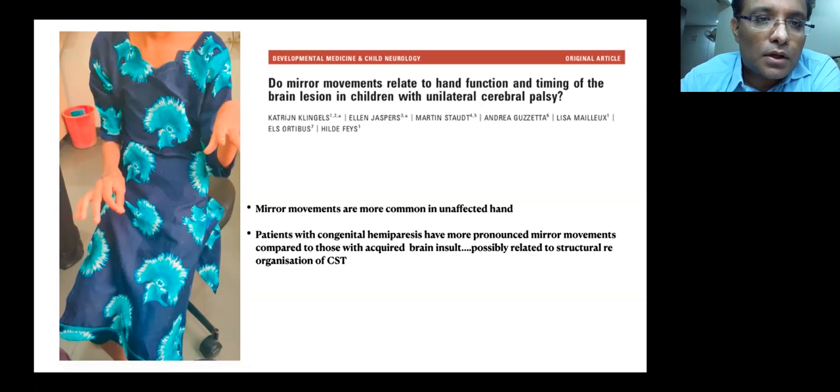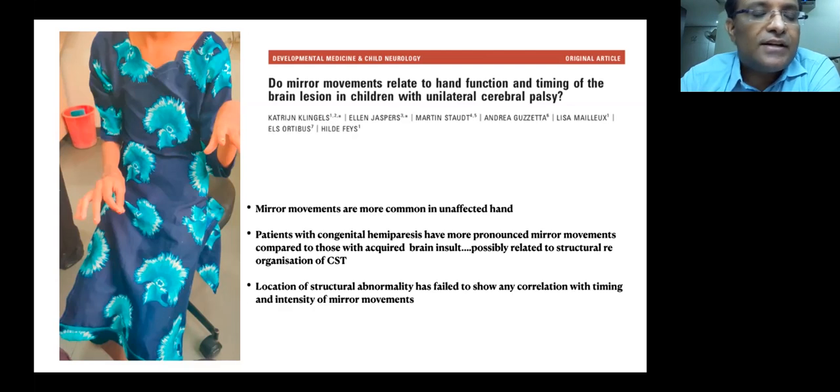Now, it has been known that patients with congenital hemiparesis have more pronounced mirror movements compared with those who have an acquired brain insult. So possibly this is related to structural reorganization of the corticospinal tract early in life. So that's why they have more pronounced mirror movements as compared to the acquired cases.